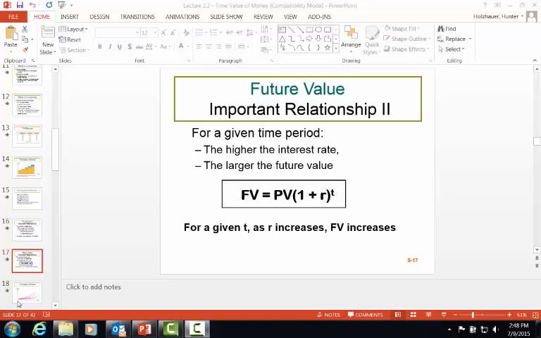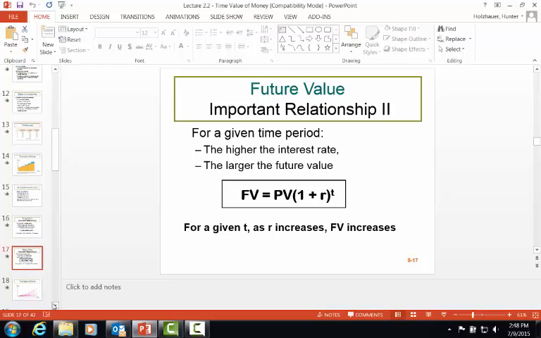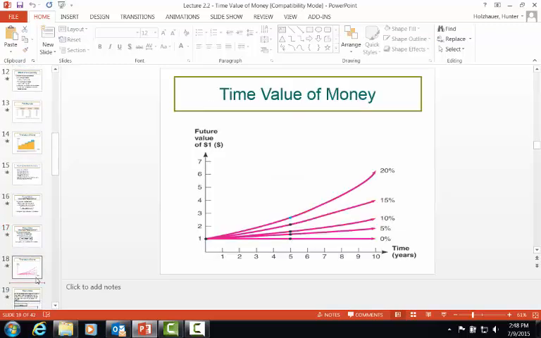Okay, I would now like to go to the graph slide. The graph here of the time value of money shows you the relationship with both the rate, which is increasing if you look at the graph at the far right from 0 up to 20%, and it also puts the time on the x-axis.